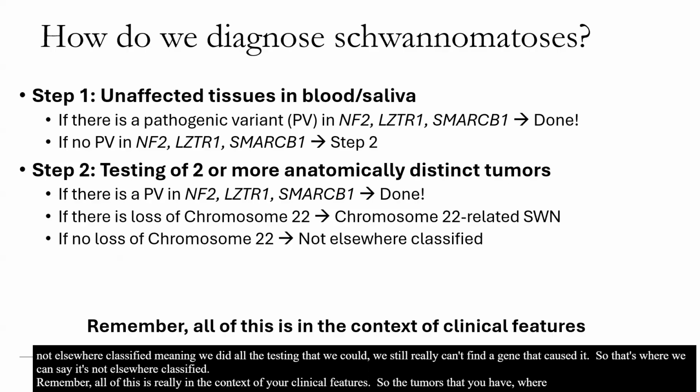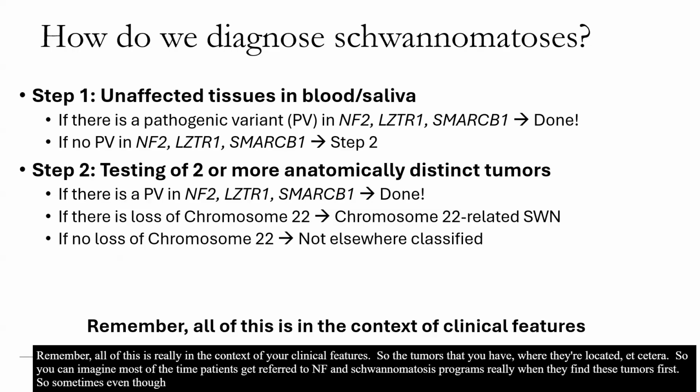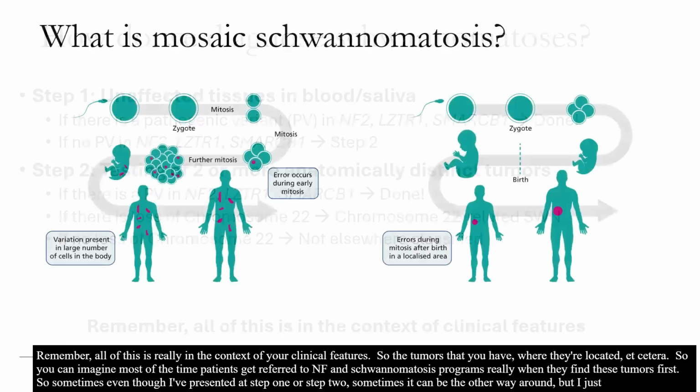You can imagine most of the time, patients get referred to NF and schwannomatosis programs when they find these tumors first. So sometimes, even though I've presented it as step one and step two, it can be the other way around as well. I just did this for simplicity, just so you know how we think about it.